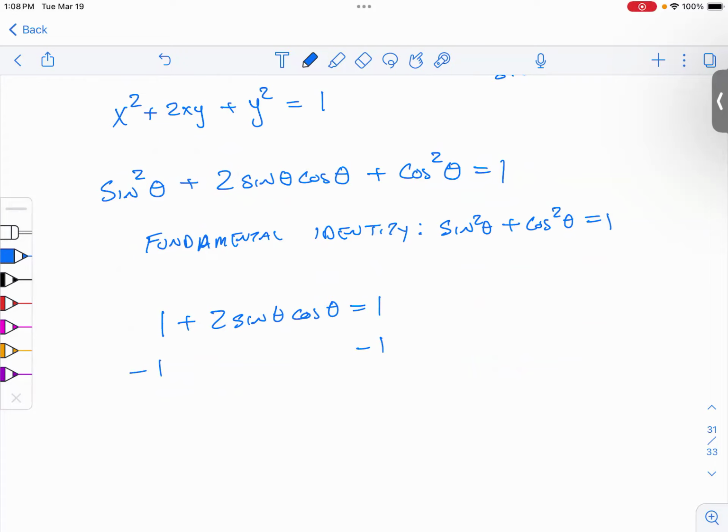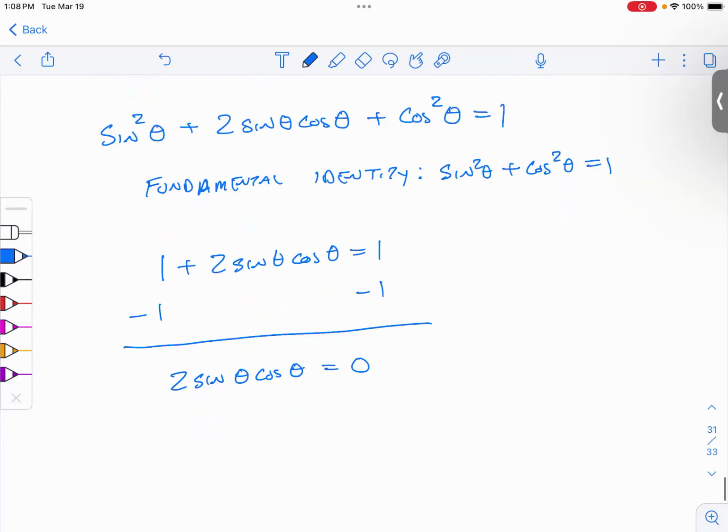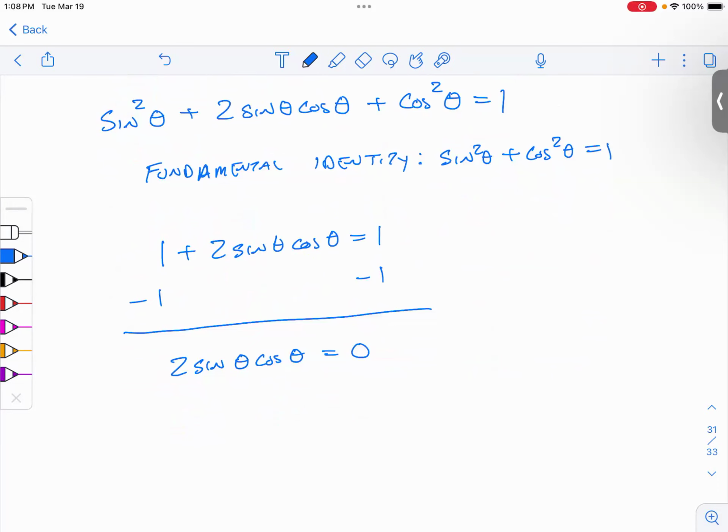Subtract 1 from both sides. And now that I have this, all right, what was that property we were just talking about? That algebraic property? Zero product. The zero product property.